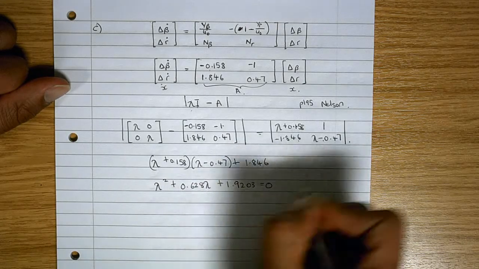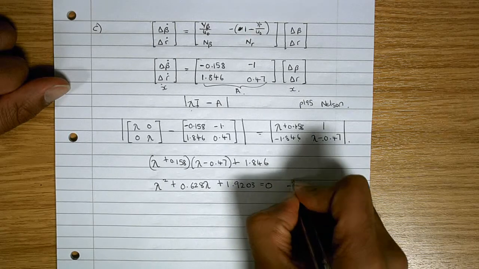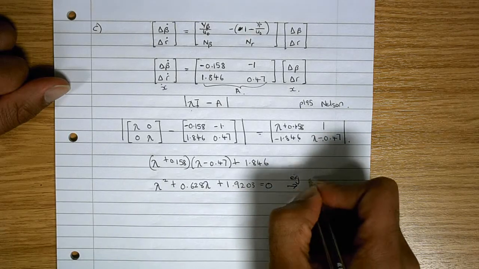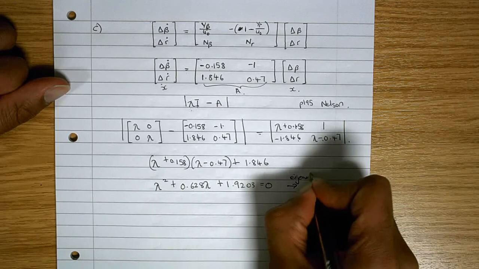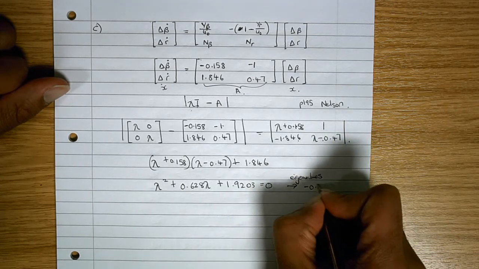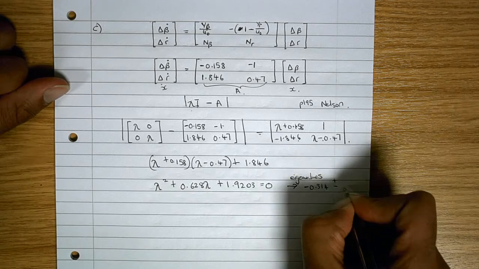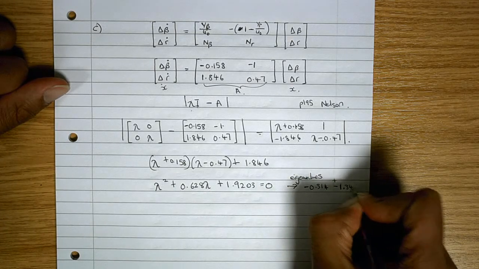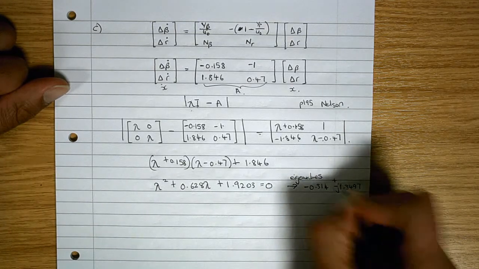Now the eigenvalues of this characteristic equation are negative 0.314 plus or minus 0.3497j in terms of the complex component.